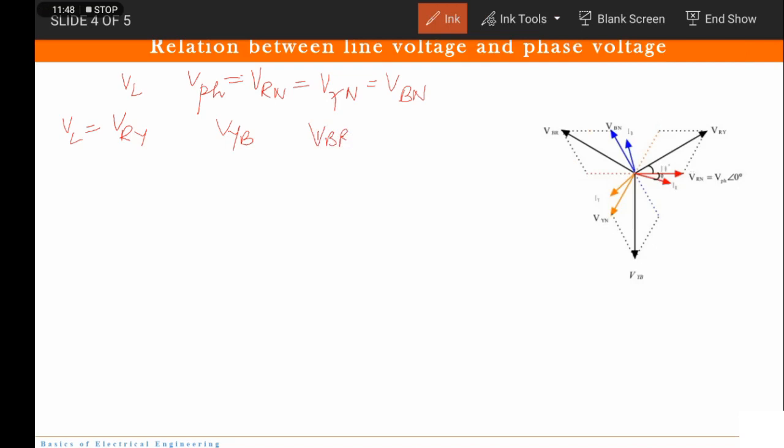Now we are going to see whether these two are equal or what relation they share. We will discuss the phasor diagram after some time. Let us first make the diagram for this Y connection.